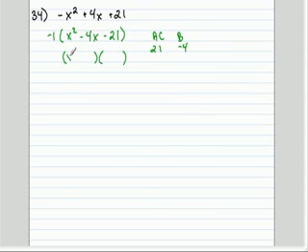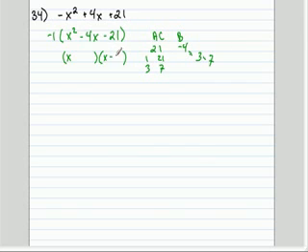So I know my front is going to be x and x, and two numbers that multiply to be 21 and that I can subtract or add to make 4. So 1 and 21, how about 3 and 7? Because I could do 3 minus 7.